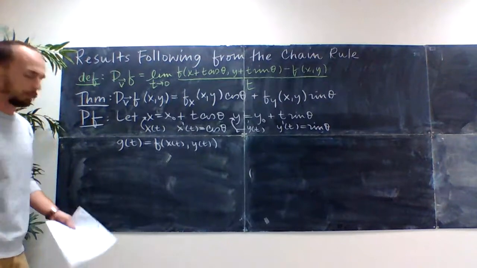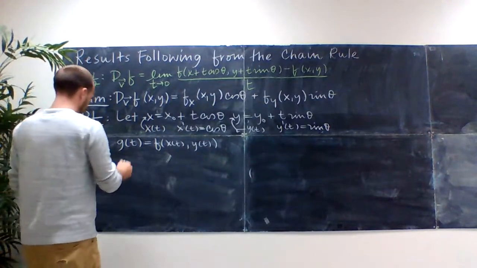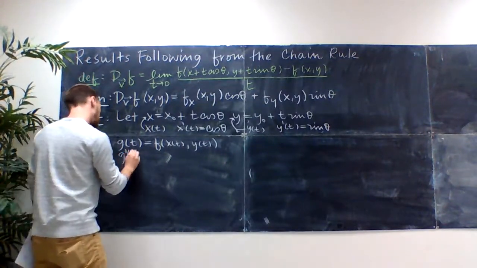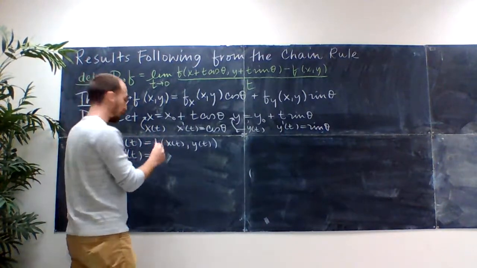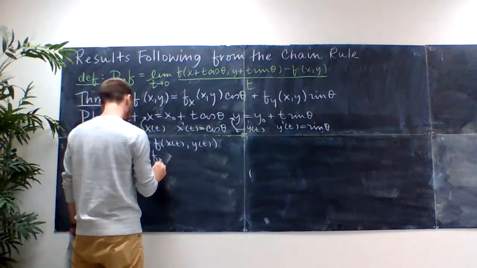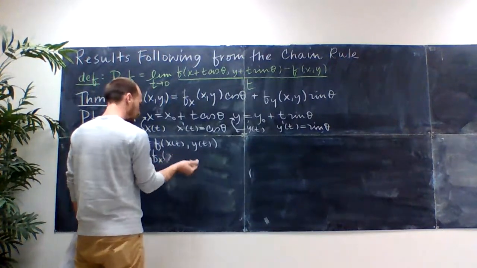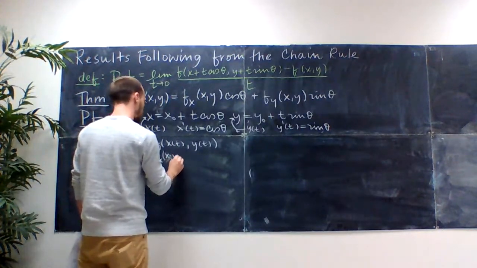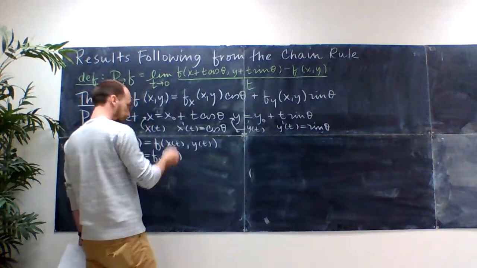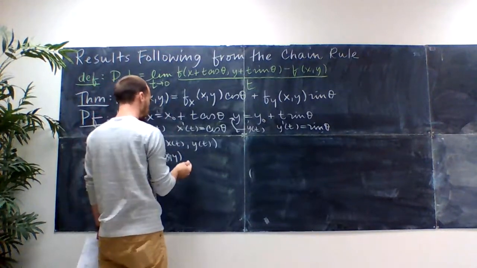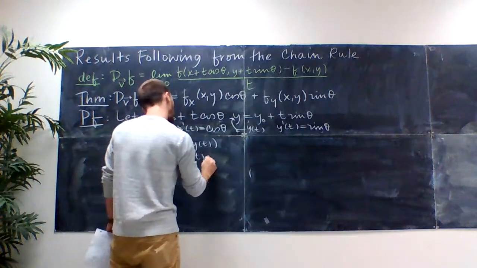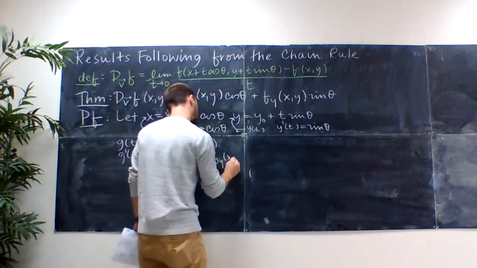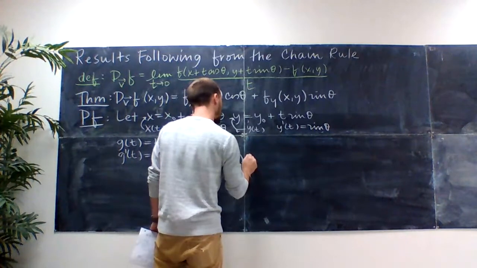We can take g prime of t. And so g prime of t will be equal to the partial derivative of f with respect to x at x of t, y of t, which I'm going to just condense to x and y, multiplied by x prime of t, plus fy times dy dt.